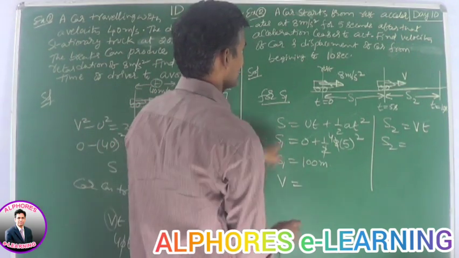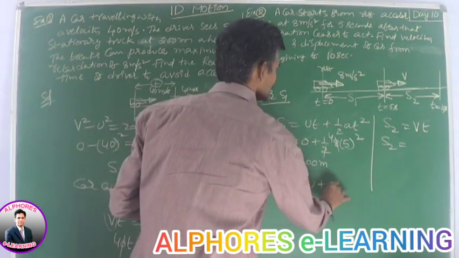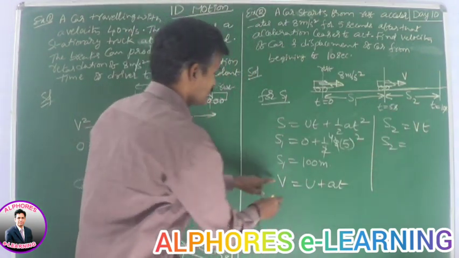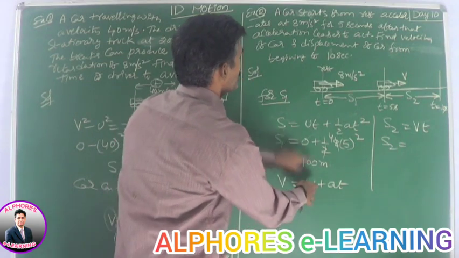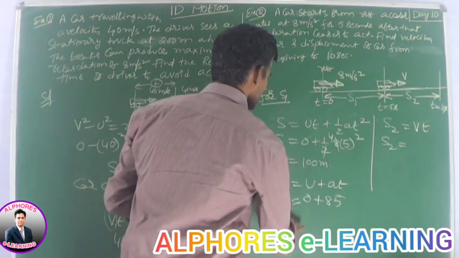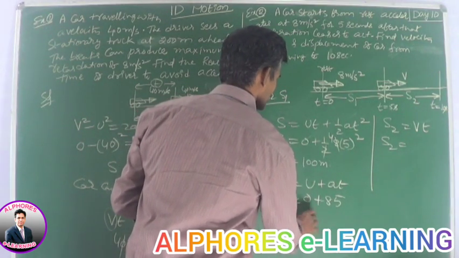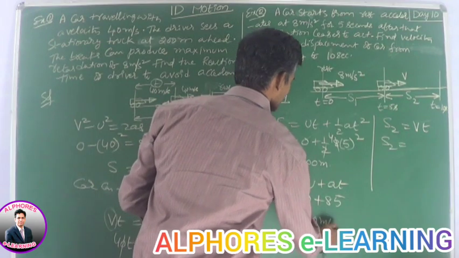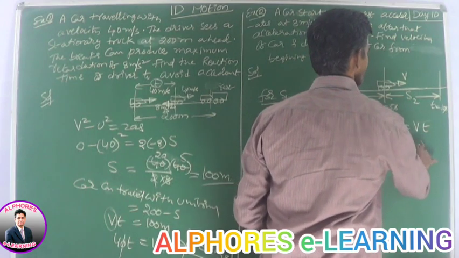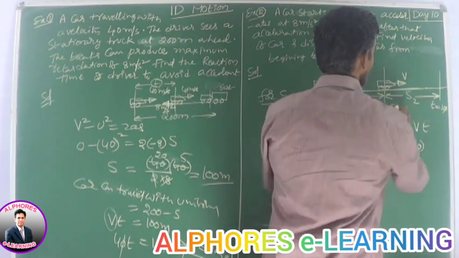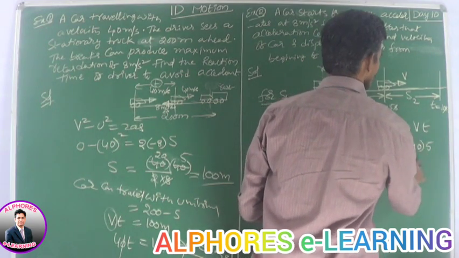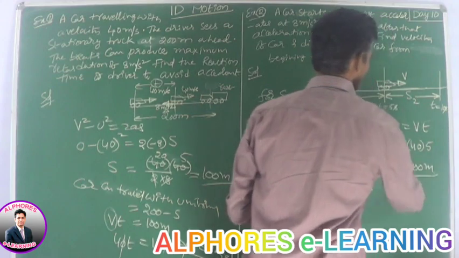Velocity at 5 seconds, v equal to u plus at, where u is 0, a is 8, t is 5. So the velocity is 40 meters per second. Using this velocity, 40 into 5 seconds, we get 200 meters.